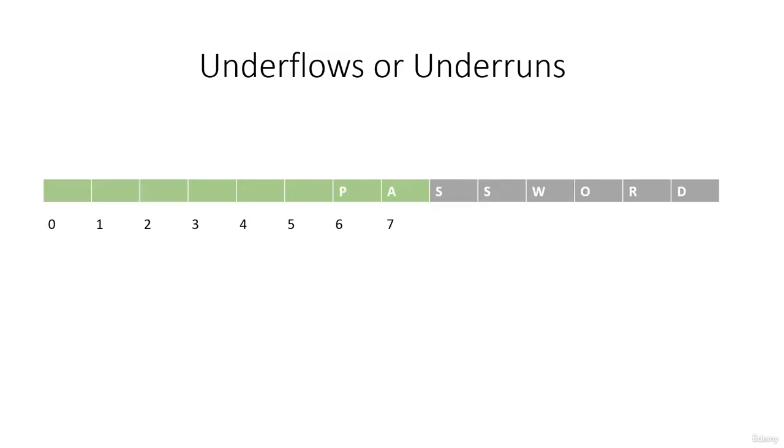But in some software designs there are reasons to do this, and the same risks as overflows and overruns apply. If you aren't careful when writing to the buffer, you can easily write past the beginning of the buffer, causing an underflow or underrun condition.